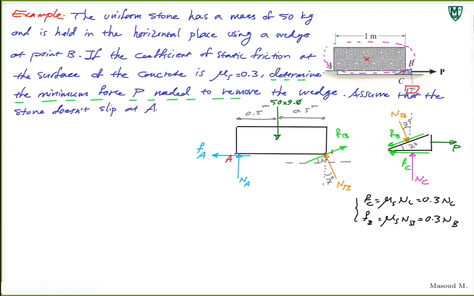This is A, this is B. If I write the equations in X direction, let's say for the wedge, let's see what we get there.